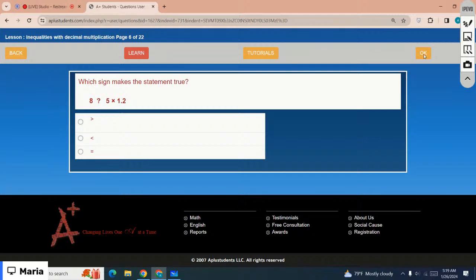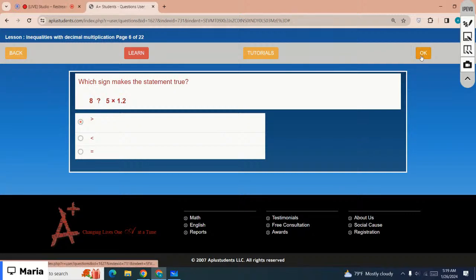The correct option is 8 is greater than 1.2 times 5, right? Because 1.2 times 5 is 6. So yes, 8 is greater than 5 times 1.2.